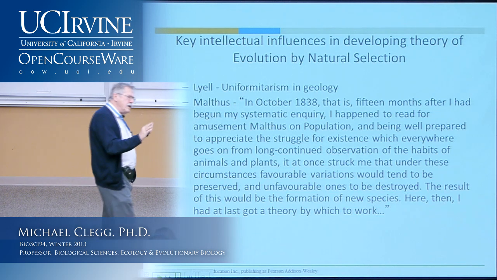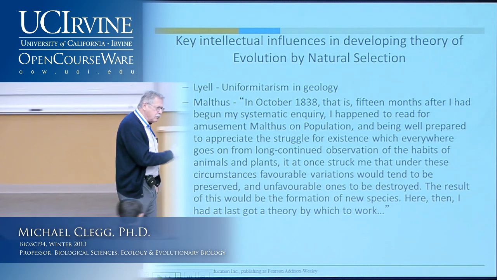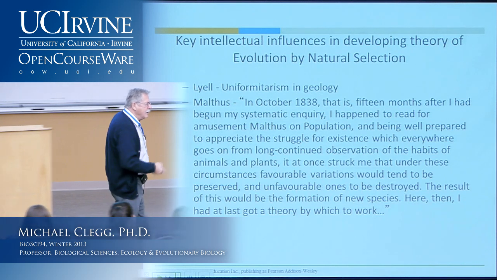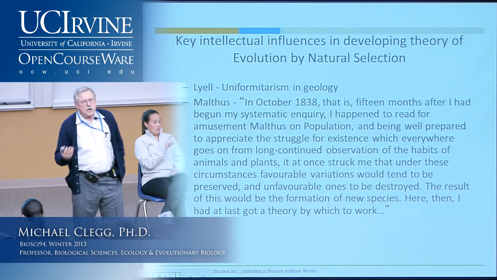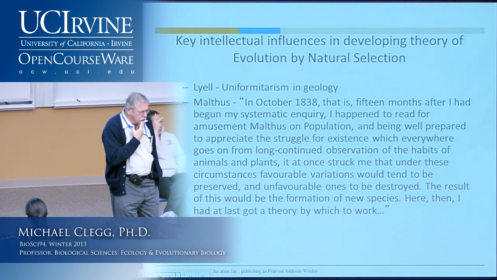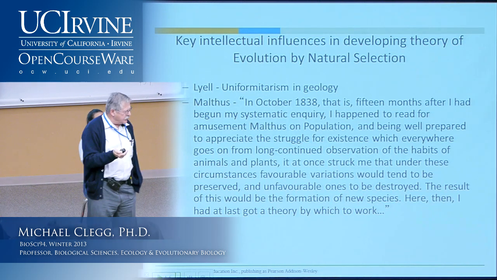The other key intellectual influence on both Darwin and on Alfred Russel Wallace was the writings of Thomas Malthus. Thomas Malthus was a philosopher and thinker, also a member of the clergy, who wrote a very famous essay in the 1830s called On Population.